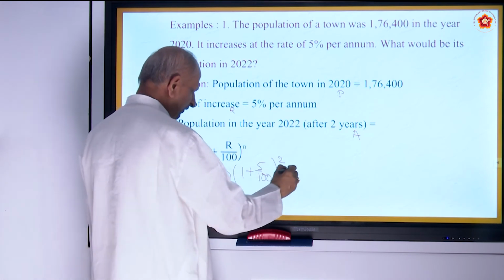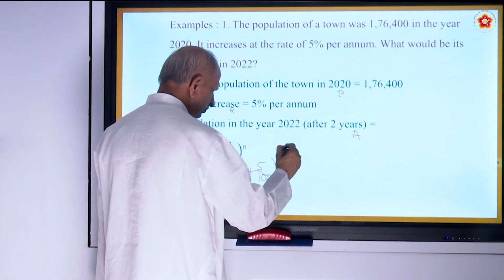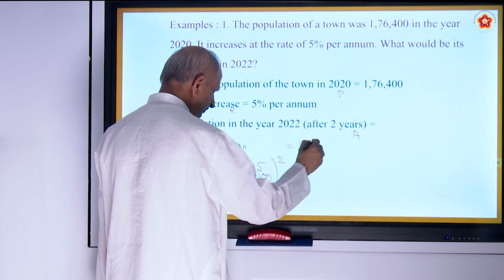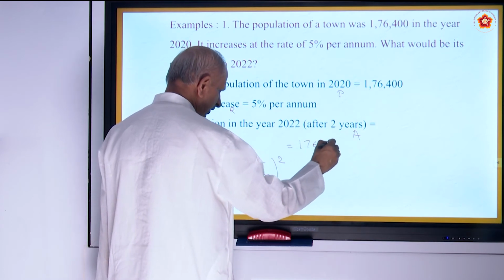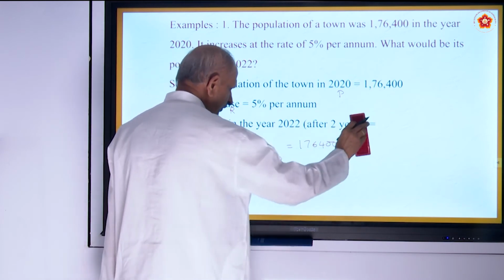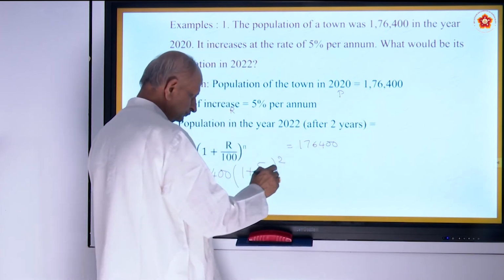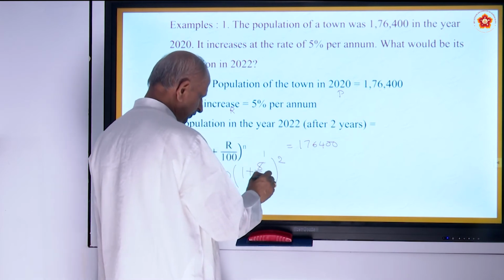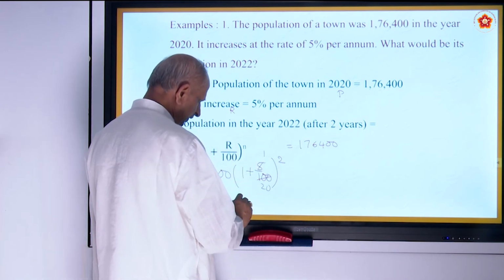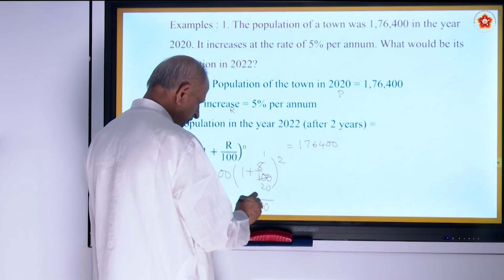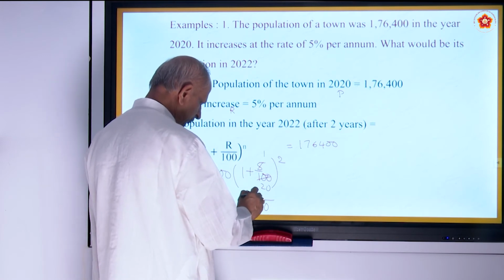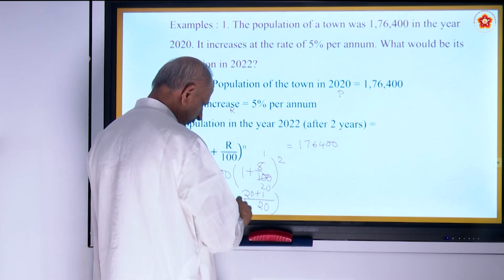If you apply, this will be equal to 1,76,400 into 1 plus 5 by 100. 5 ones are 5, 5 20s are 100. Take LCM 20. This becomes 20 plus 1 whole square.